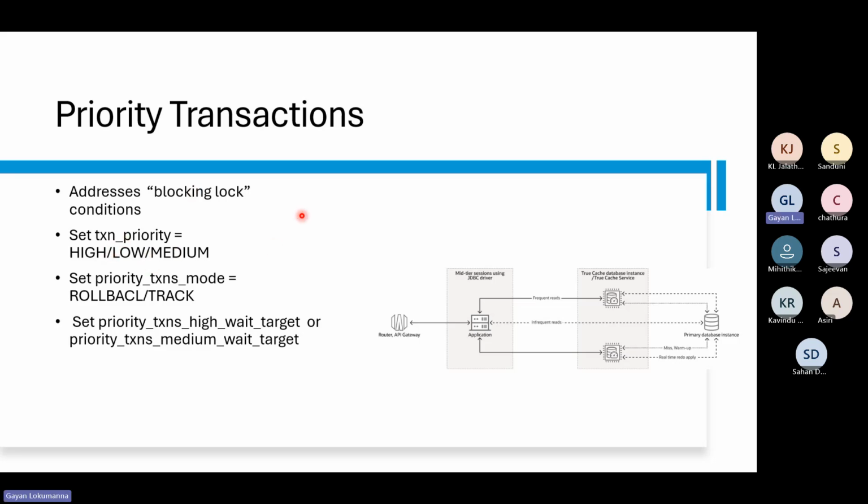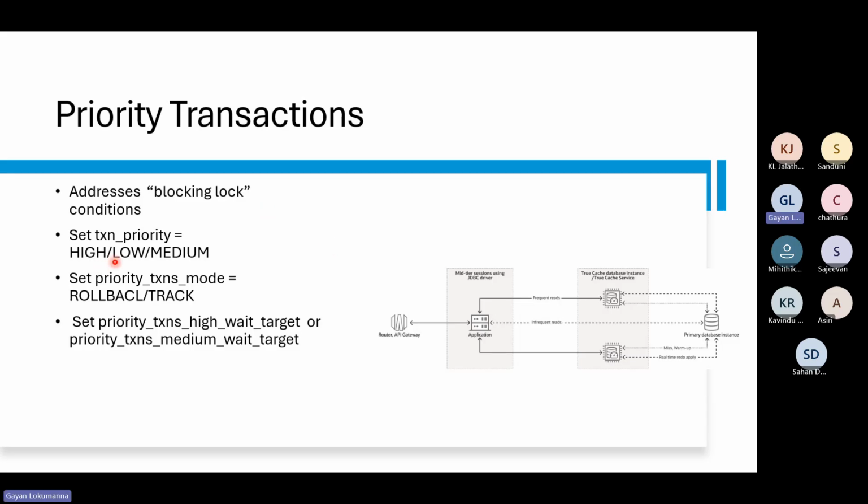So suppose a normal user or session is doing an update, so his transaction priority would be low. But then you have a high value set for a particular session, and he also performs an update on the same record.